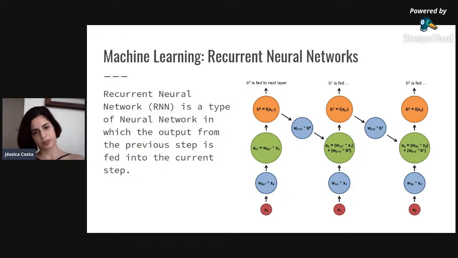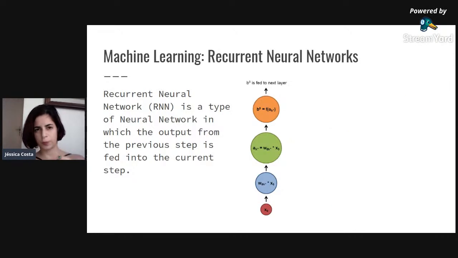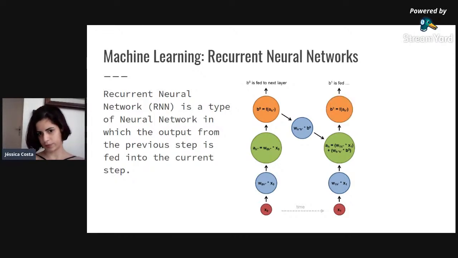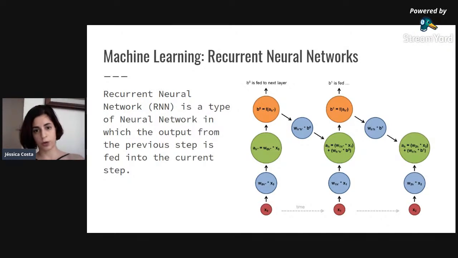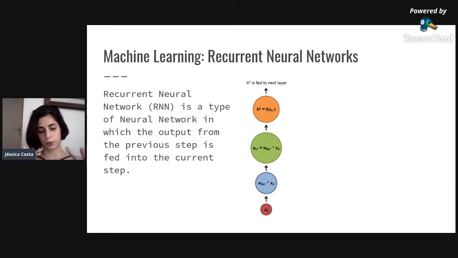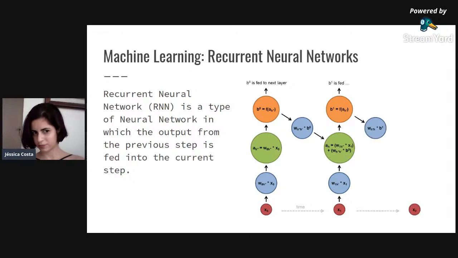Recurrent networks work this way, with the past, with a memory. Some other types of neural network don't work this way. We lose the past, but in recurrent neural networks, we have a memory to use and analyze sequences, because in a sequence, you need to identify the past, and in some cases, the next.